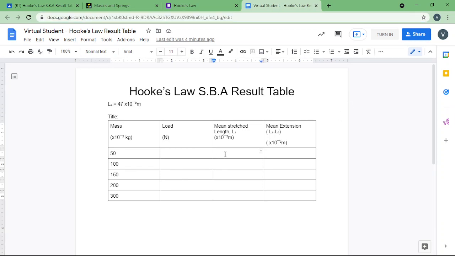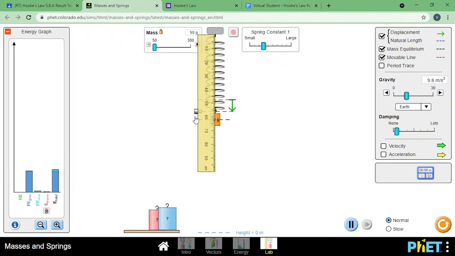So this is 56. All right, so this would be 56 minus 47, and that would give me that. And you want to continue that, so let's skip here and get to 300.